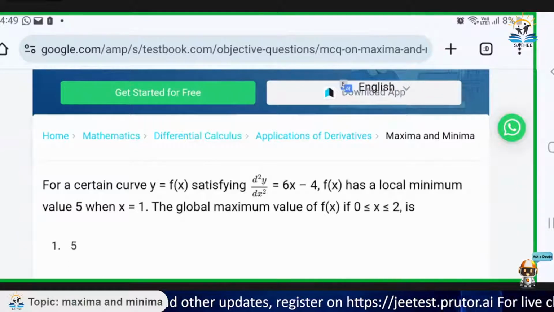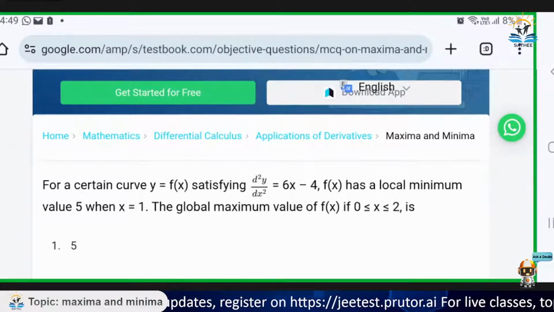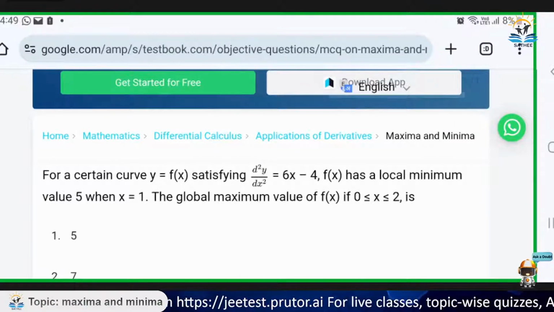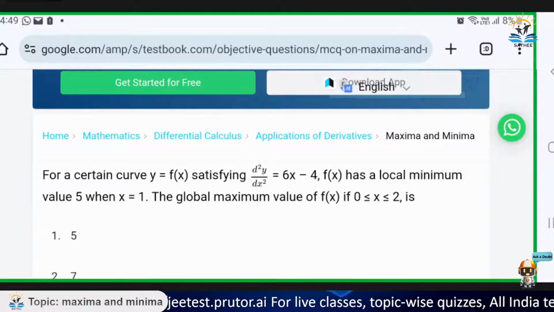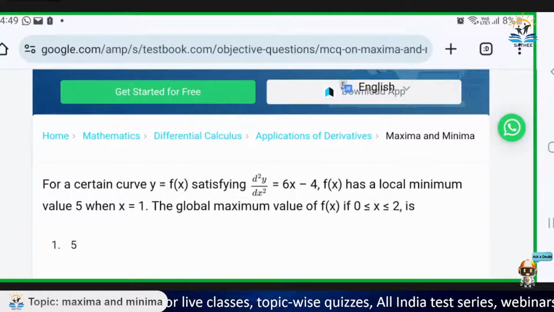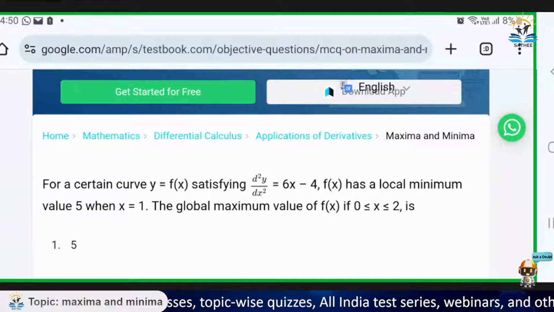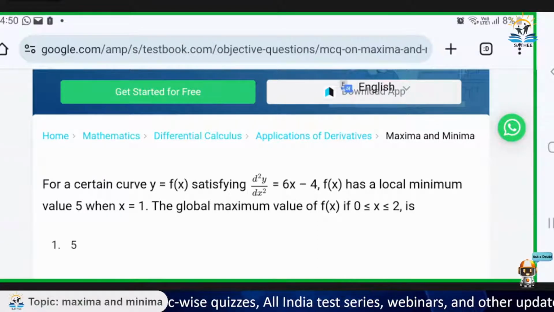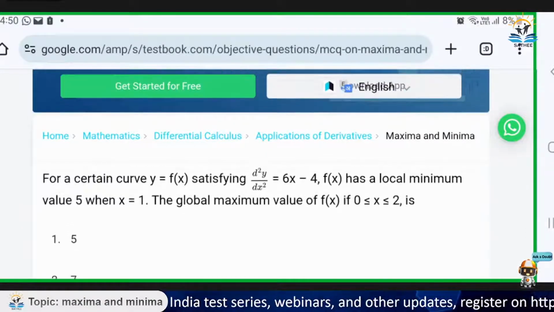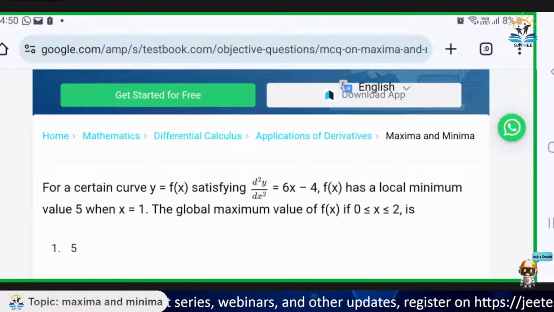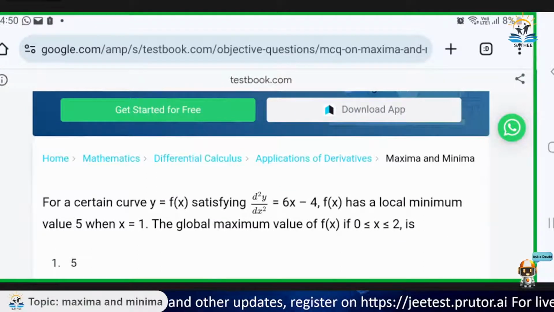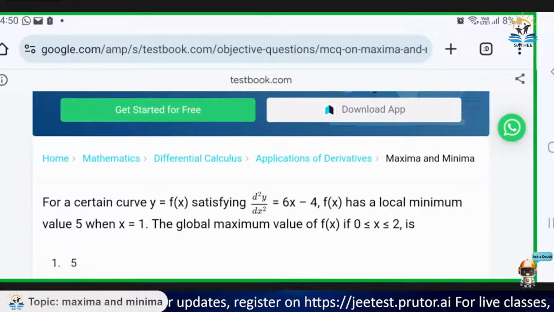So first we can see that f double dash x is 6x minus 4 and f dash x would be 0 when x equal to 1. So let us first integrate f double dash x, and we can find the constant by replacing f dash 1 equal to 0. On integrating this, we get f dash x as 3x square minus 4x plus c, where c is a constant of integration.